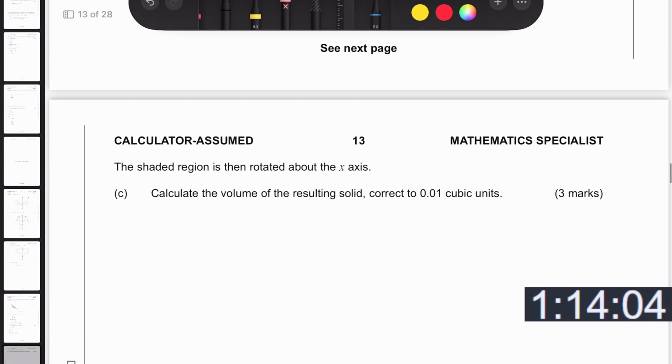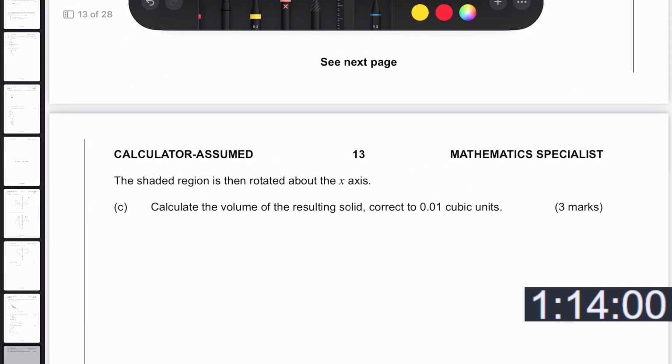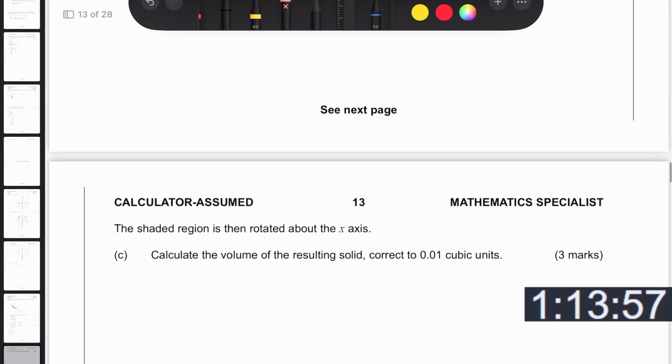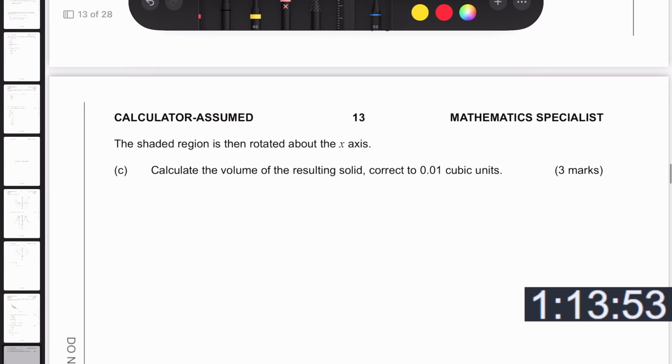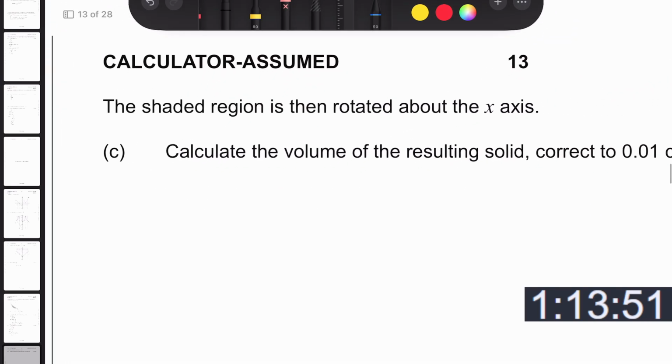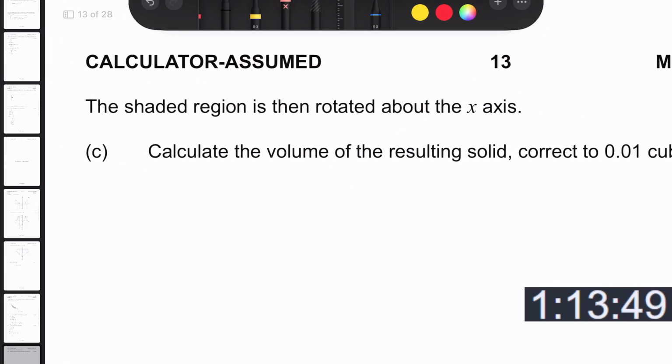Rotated about the x-axis. So volume, solids of revolution.